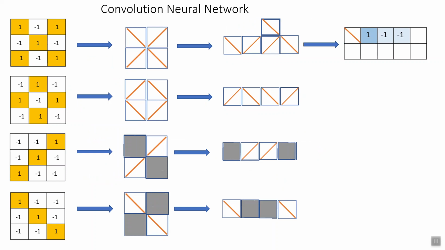Similarly, the third one is also compared with the third element, it is a -1, and the fourth element is going to match, so it gives the value 1. Similarly, we can put this value for the second row.